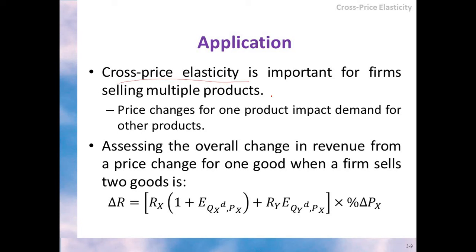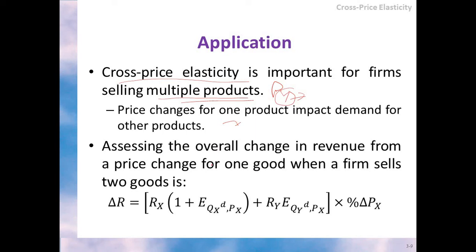Because the price of good Y does not necessarily refer to a competitor's product. Most firms are selling multiple products, more than one product in our business. So if we change the price of one product, we have to understand that it may have an impact on the demand for our other products.